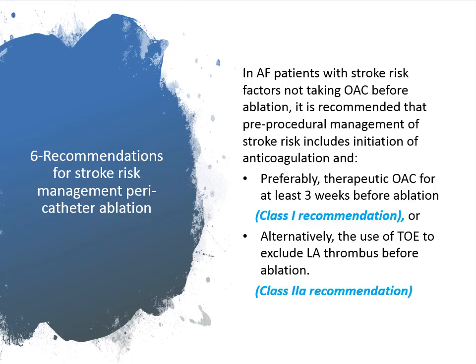In AF patients with stroke risk factors not taking oral anticoagulation before ablation, it is recommended that the pre-procedural management of stroke risk include initiation of anticoagulation and, preferably, therapeutic oral anticoagulation for at least 3 weeks before ablation as a class 1 recommendation, or alternatively to use the transesophageal echo to exclude left atrial and left atrial appendage thrombi before ablation as a class 2A recommendation.